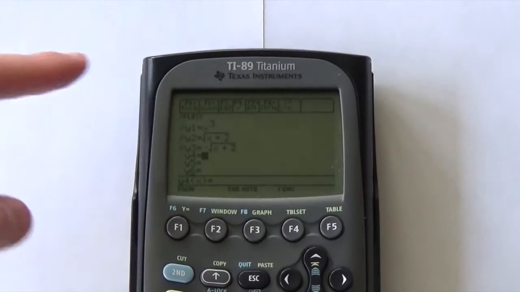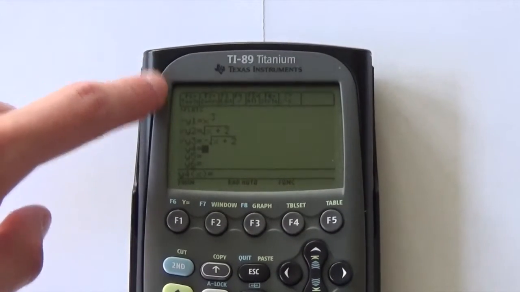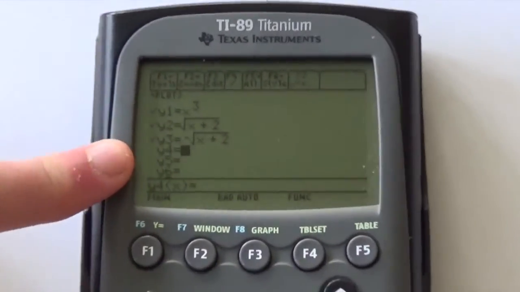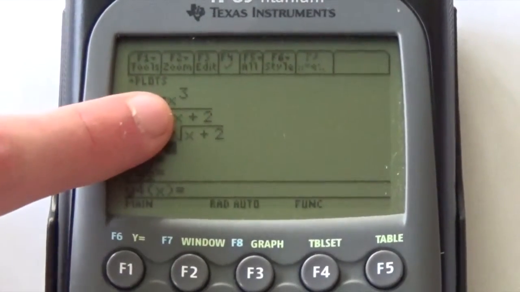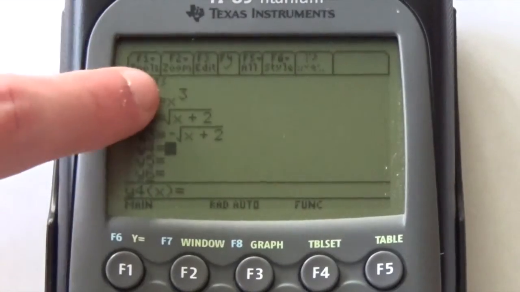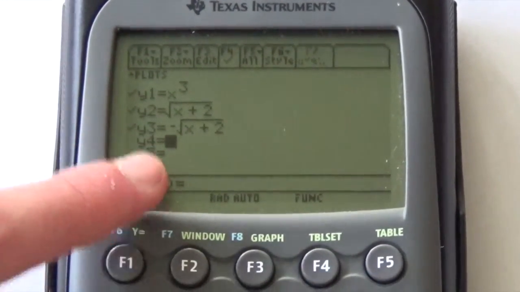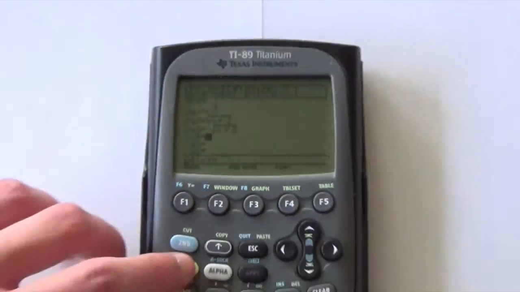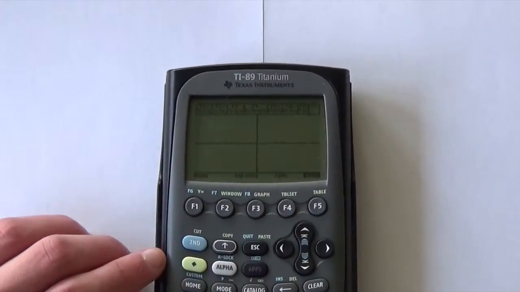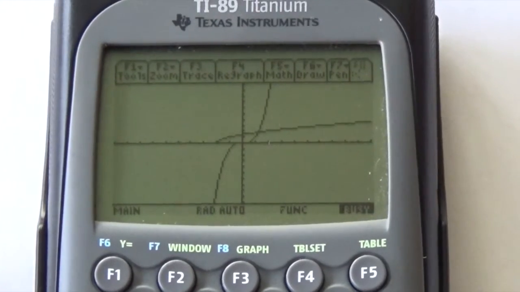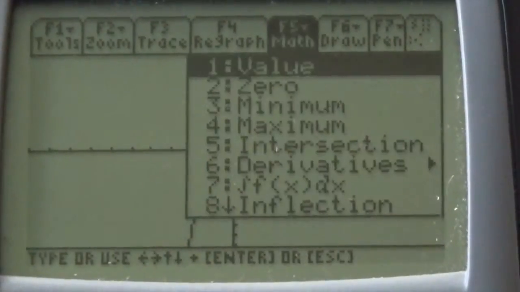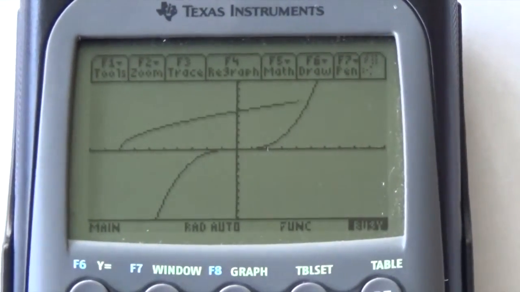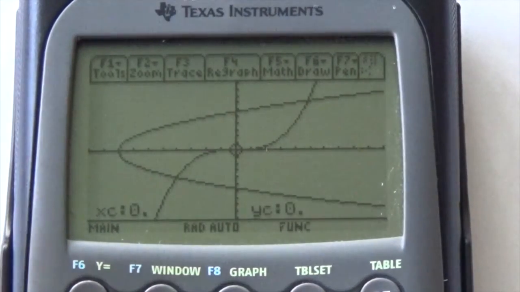As you can see here, we have our functions typed in, all in terms of x. So the original function, y equals x cubed is still there, but the function x equals y squared minus 2 would get changed to positive radical x plus 2 and negative radical x plus 2. Then we would graph these. Okay, so here's our graph.